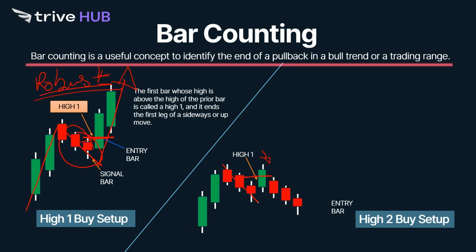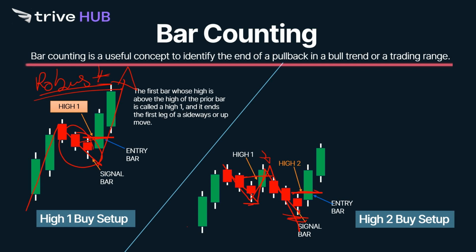So this is pullback 1, high 1 entry triggered, but this has failed and the market formed a new low here. Okay, this new low is lower than the previous low. So this is a 2 leg pullback, an ABC correction.